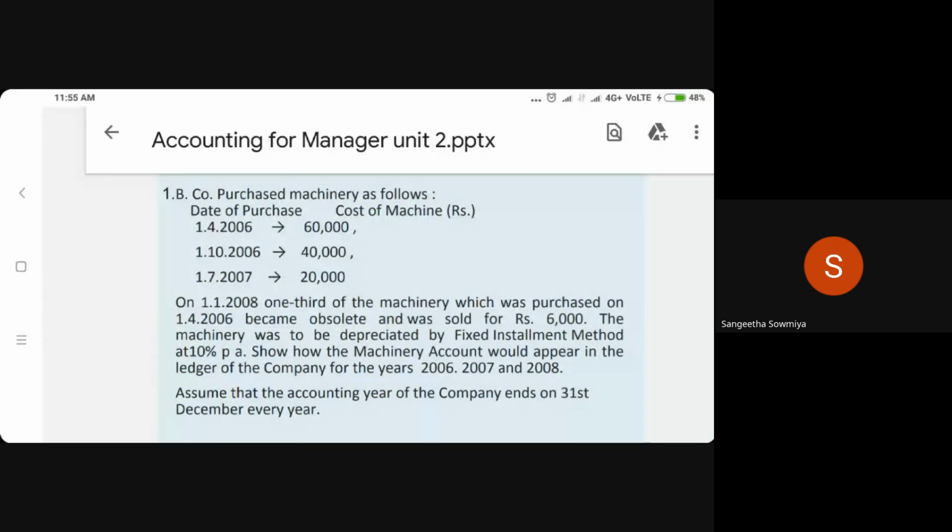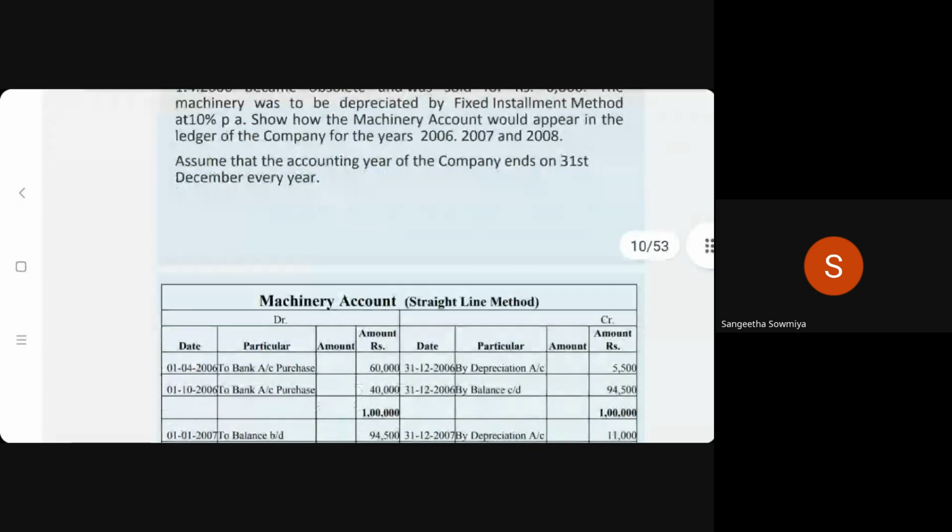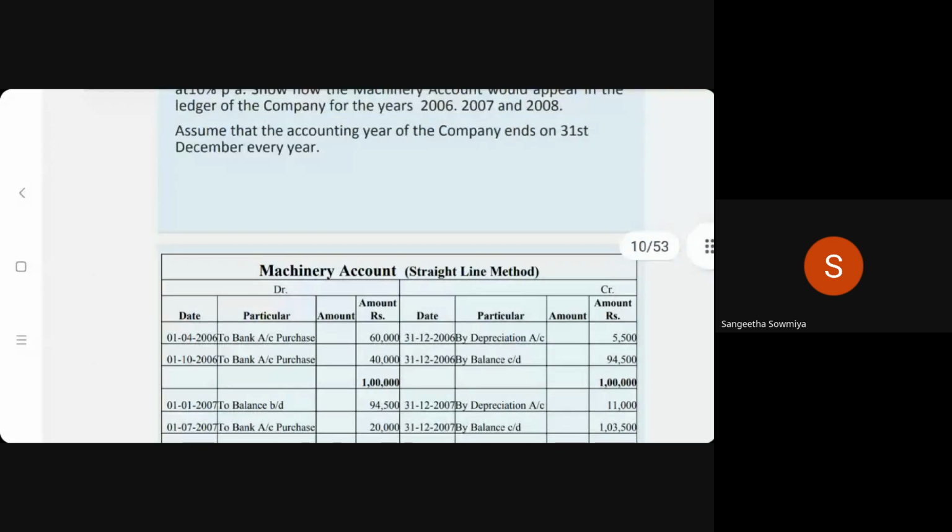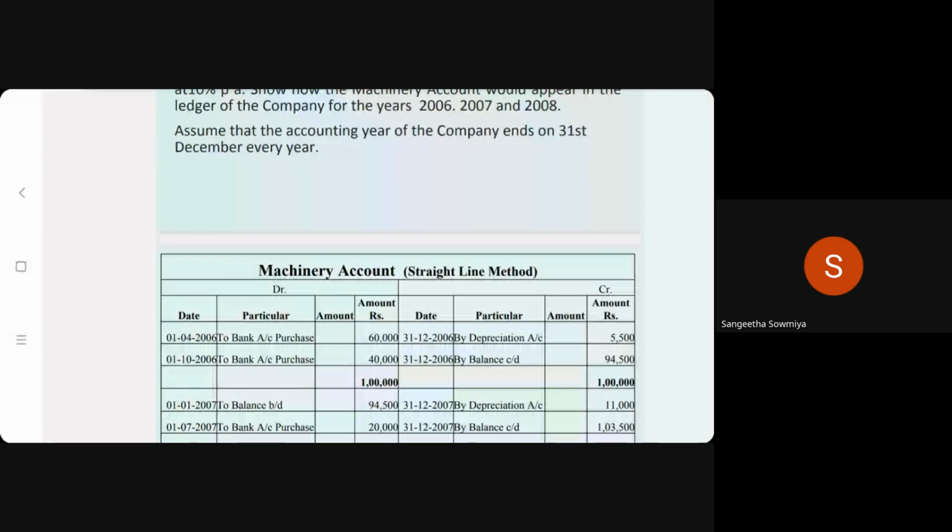So when you are purchasing the asset, on the machinery account debit side you write 1/4/2006, machinery account debit to bank account. That is the journal entry. So machinery account debit side, to bank account 60,000. First machinery you have purchased.